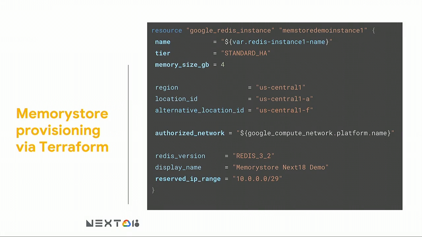The two things that I'll call out here are, as you can see, there's an authorized network specified there. That network is the same as the GKE cluster that I'm going to show you in a little bit. The other thing is that there's a reserved IP range. This keeps things clean. We're documenting the IP range we're going to be using for our Redis instance as well as our pods in the GKE cluster.